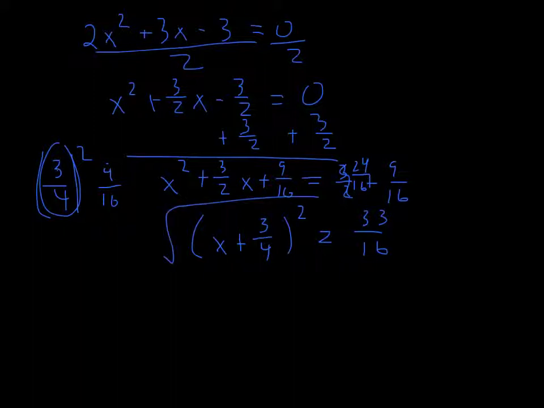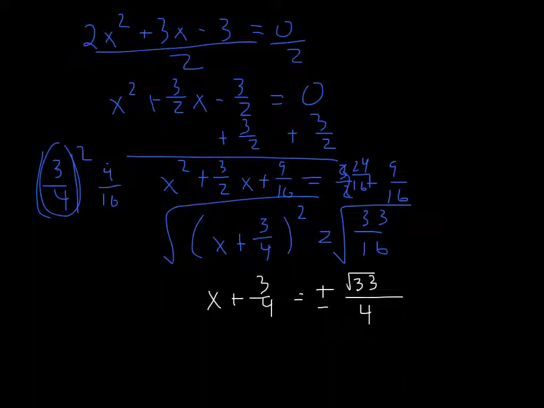Now we take the square root. I'm going to change the color because we seem to be doing the same color a lot. So you get x + 3/4, because we take the square root, and then the square root of 33, can't do anything with, the square root of 33, plus or minus, and the square root of 16 is 4.